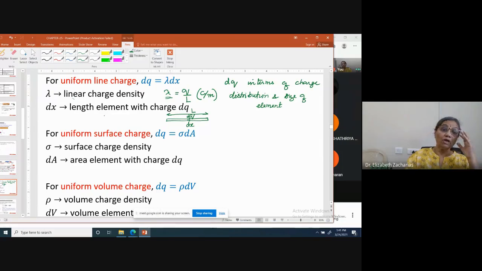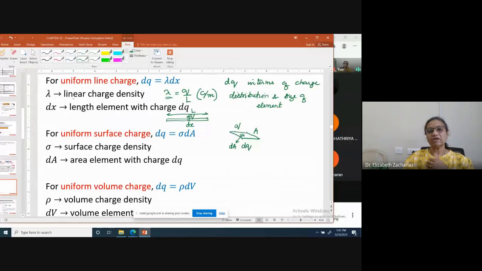Okay, that's the logic. Similarly, I may be talking about a two-dimensional object of area A, carrying a total charge Q, and let us say that the charge distribution is uniform over the surface. Now, I divide it into a number of small elements and take one element of area dA carrying a charge dQ.